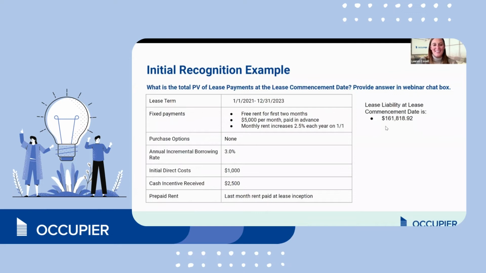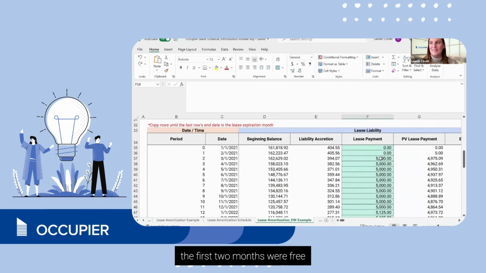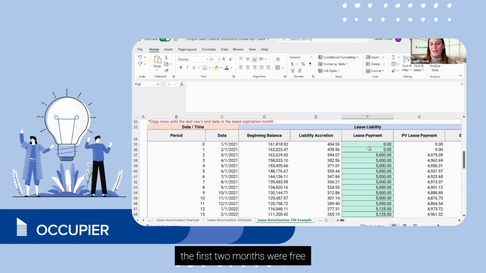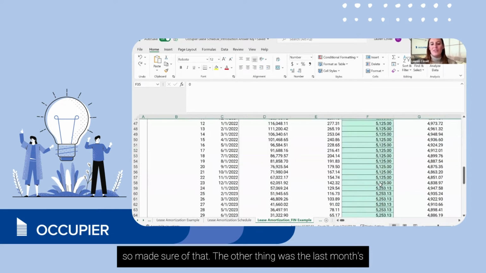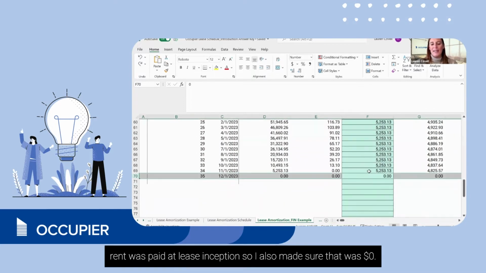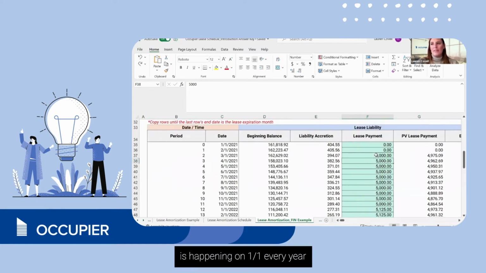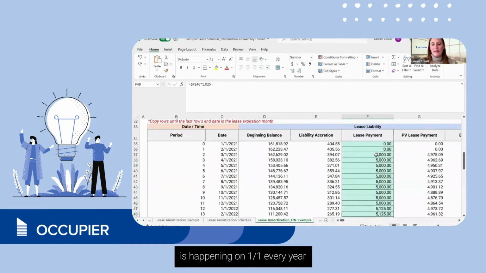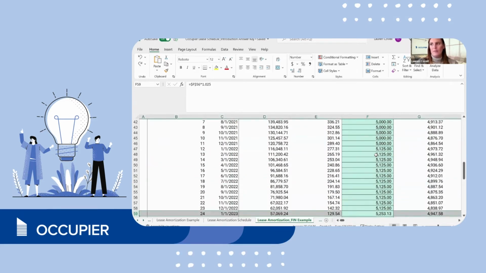161,818. Okay, so how we got through that is, first 2 months were free, so I made sure of that. The other thing was the last month's rent was paid at lease inception, so I also made sure that was 0. The increases happened on 1/1 every year.